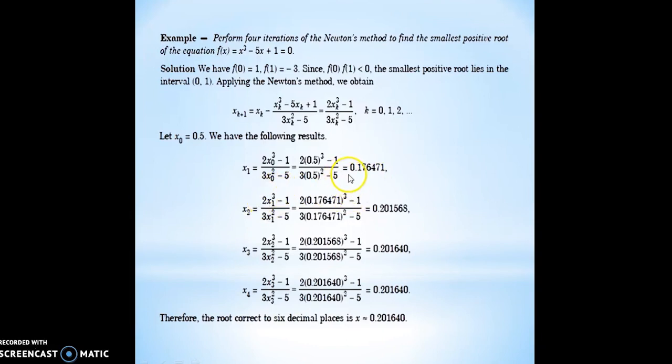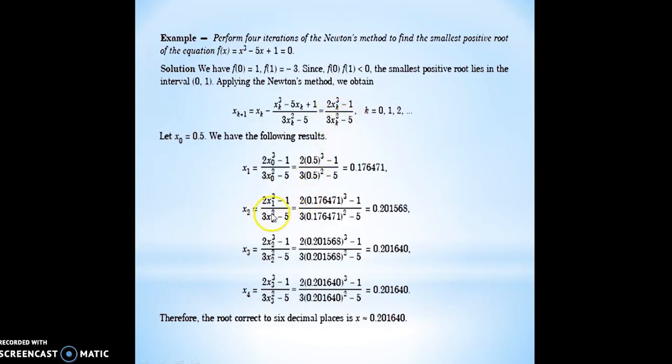So this is x1, and now we have to use this x1 in the next approximation. So let's have k equal to 1 in this equation. So k equal to 1, then 1 plus 1 is 2, so x2 will be equal to (2x1 cube minus 1) divided by (3x1 square minus 5).